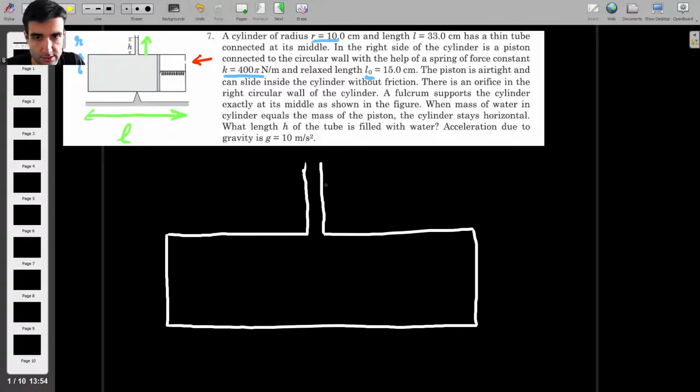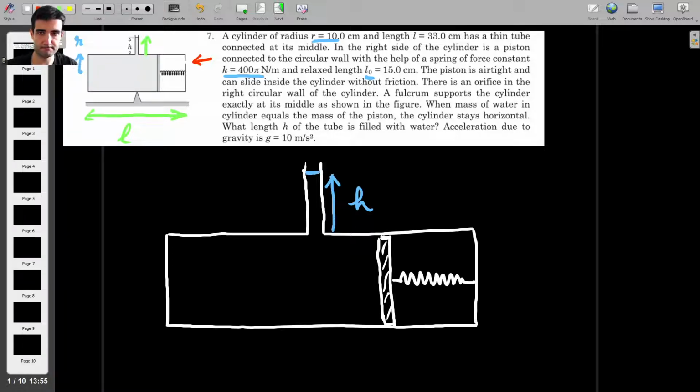Okay, and the water goes up to some level h compared to the upper surface of the cylinder, and then we have water inside, and then we have a piston which is being compressed. So the piston is sitting somewhere here like that, and the spring is compressed like that.